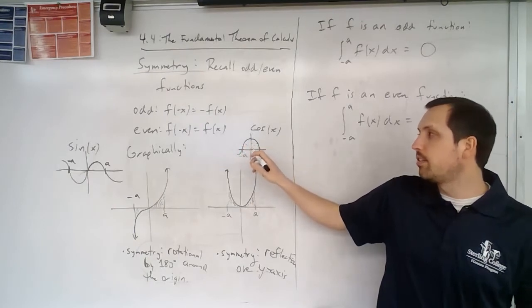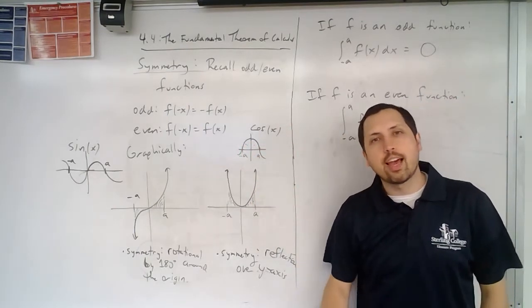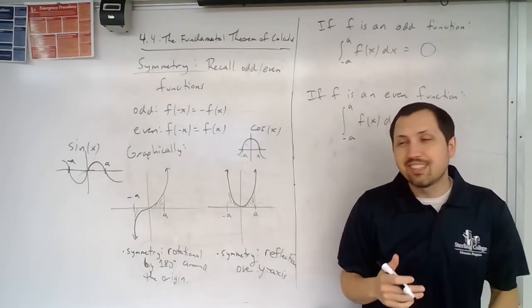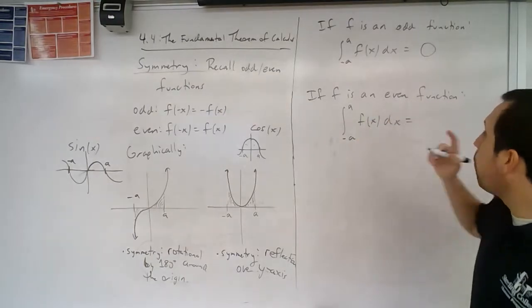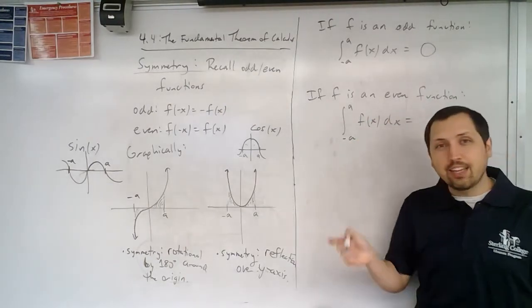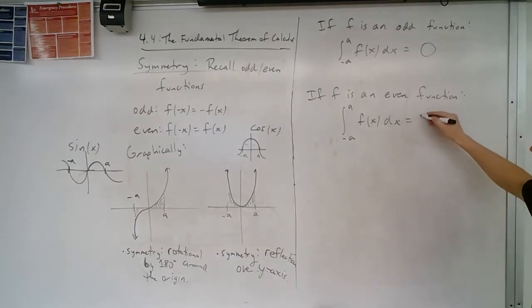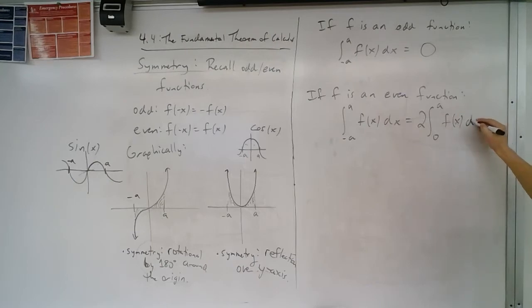If I put this below the x-axis, those two areas would be the same. So the trick for an even function is this is just double the integral from 0 to a of f of x dx.